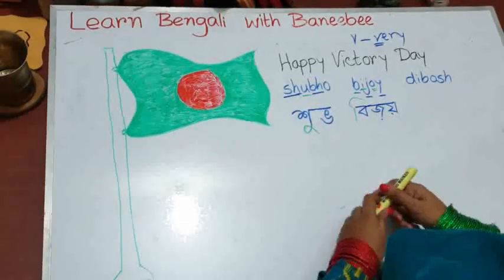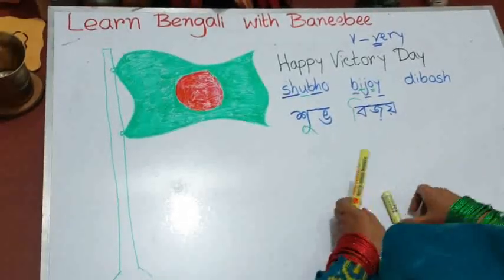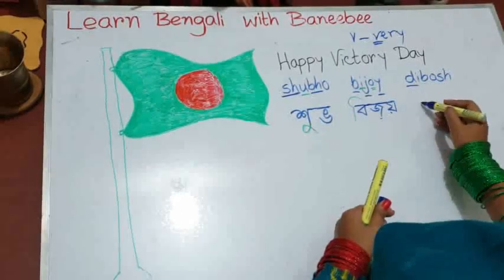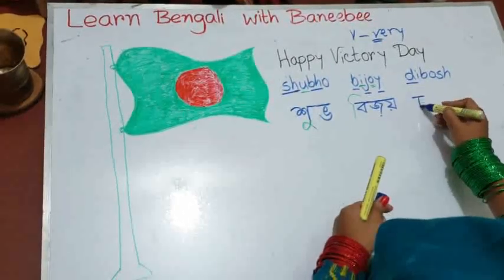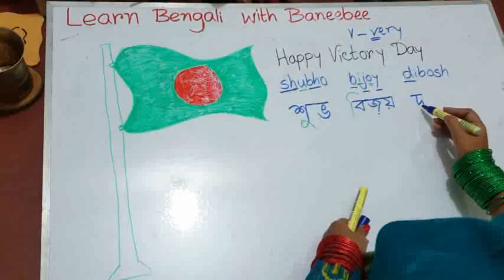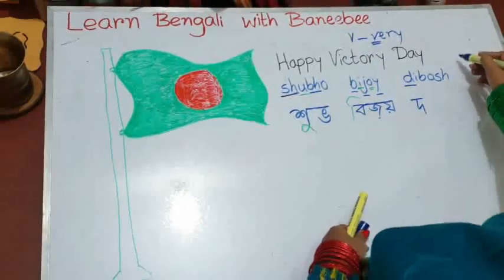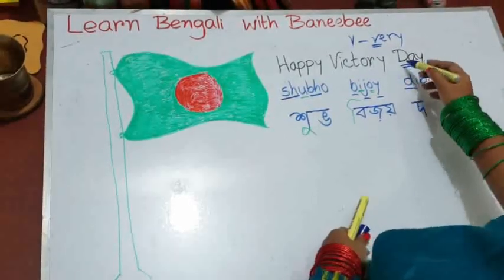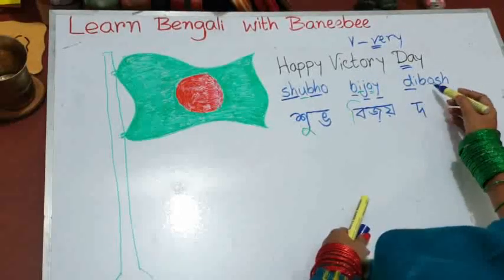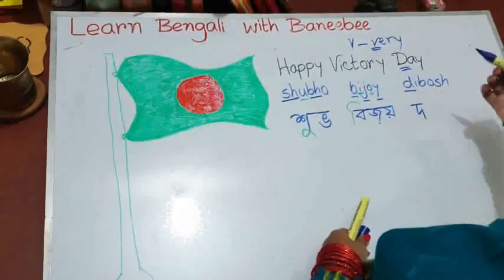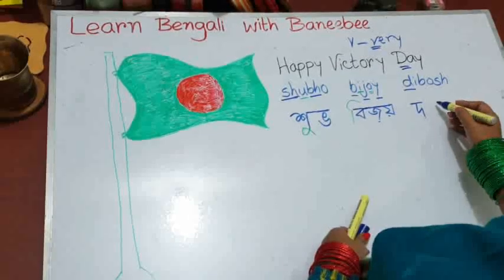Now I will have to write dibosh. So this dental da, this is the dental da. This is not the English da. This is a day, but this is dibosh. So this is palatal d and this is dental da.